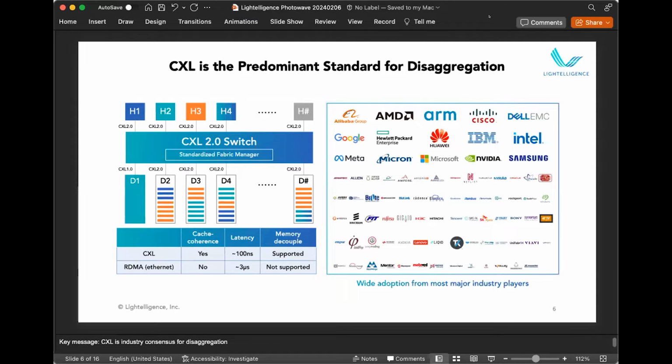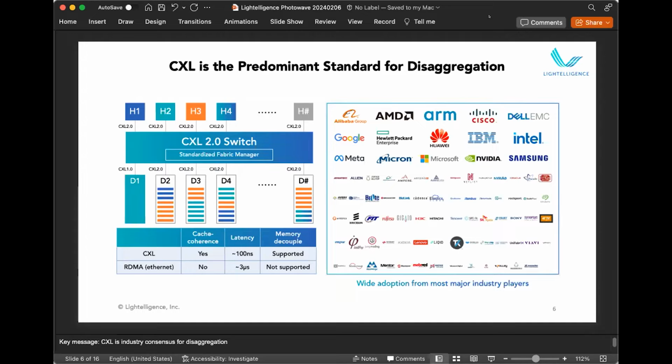I think you've all seen this, over 250 member companies supporting CXL. The big advantage is that CXL added the memory and cache coherency functions to PCIe, which is ubiquitous today. So a lot of the infrastructure still can be maintained.